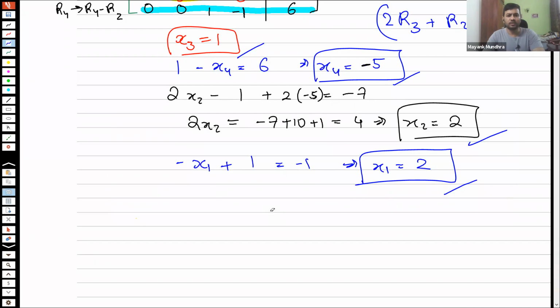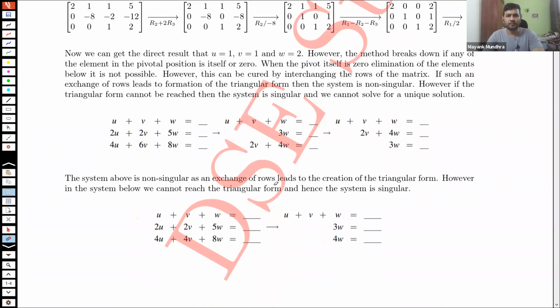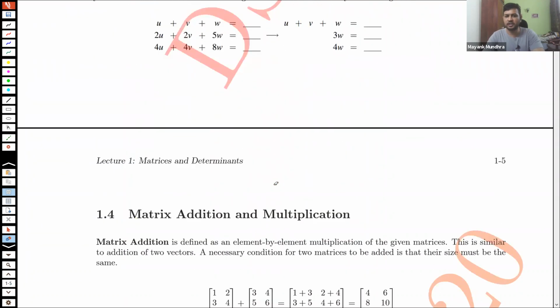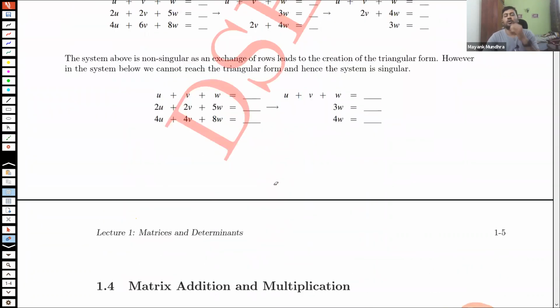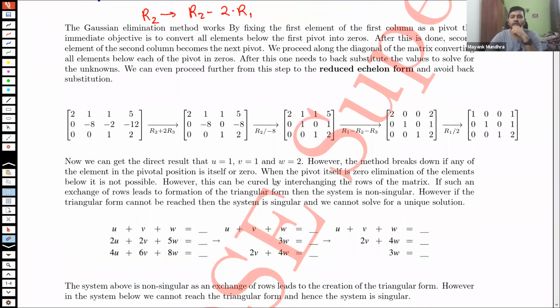Let me come back to the notes. So this is basically how you have to do these row operations.